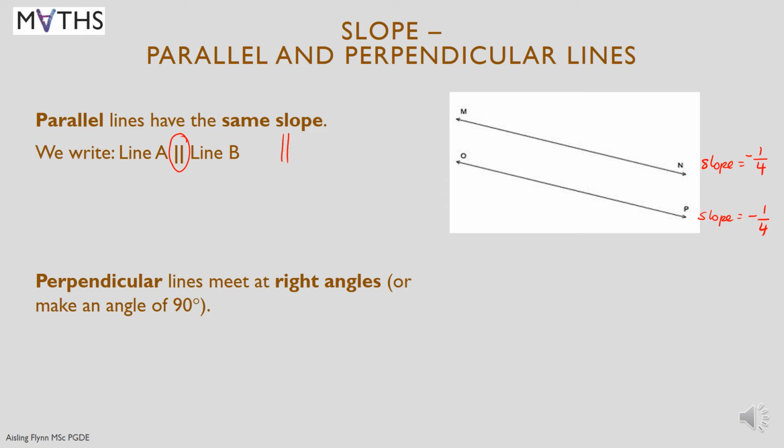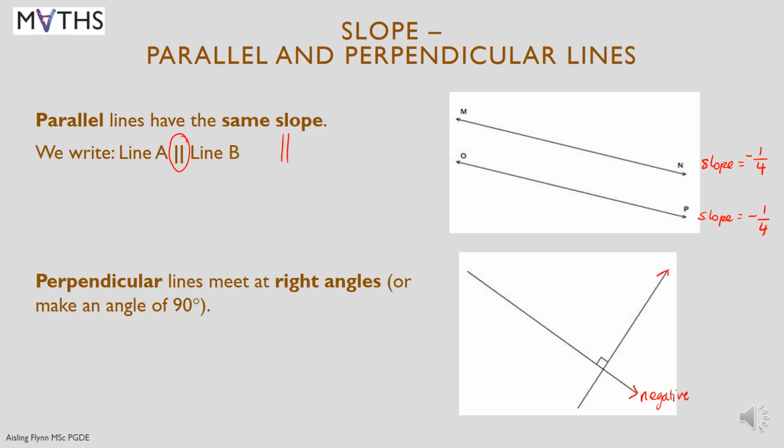Perpendicular lines meet at right angles or make an angle of 90 degrees. And that's what they look like. Here you can see that one of the lines has a negative slope and the second line has a positive slope.